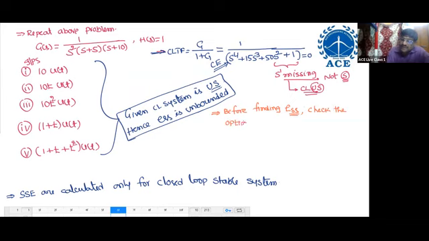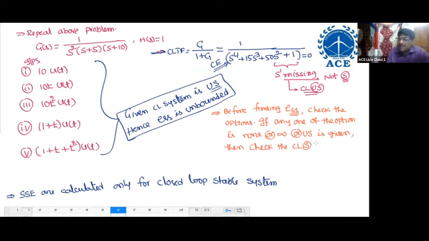If any one of the options is none, or infinity, or unstable, then check the closed loop stability. Compulsorily you have to check using RH criteria.